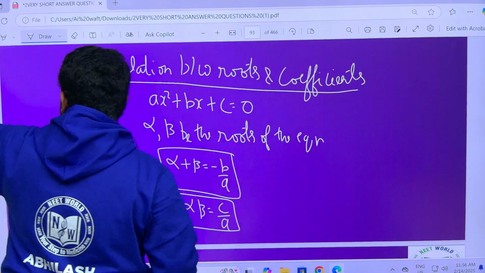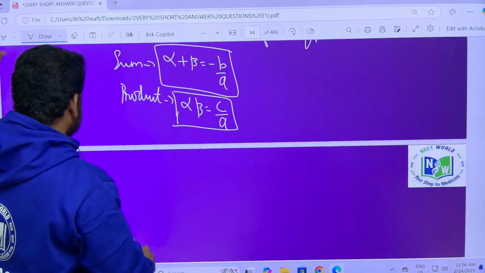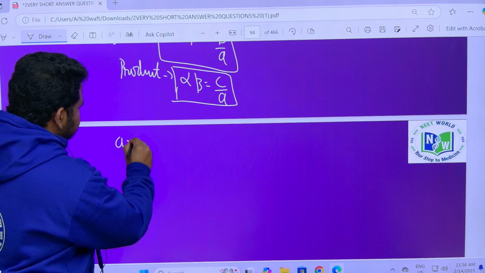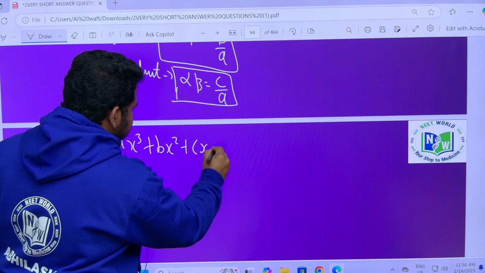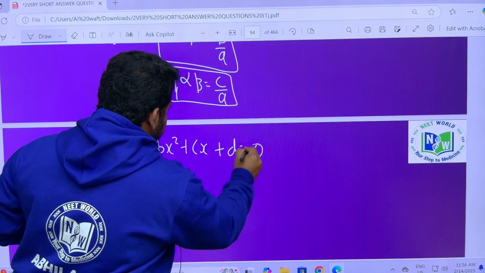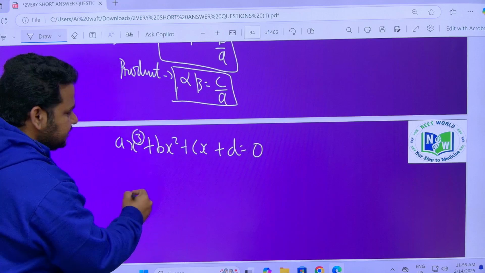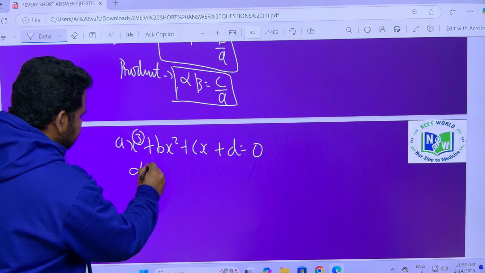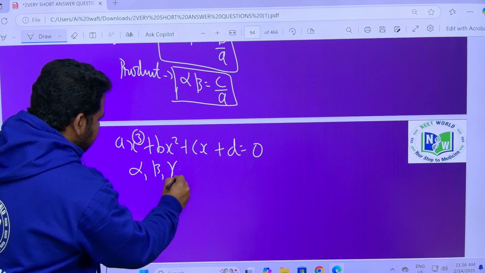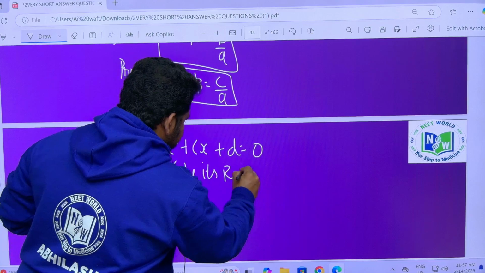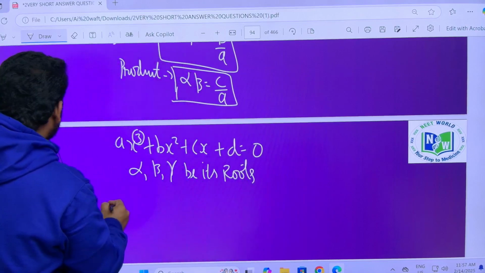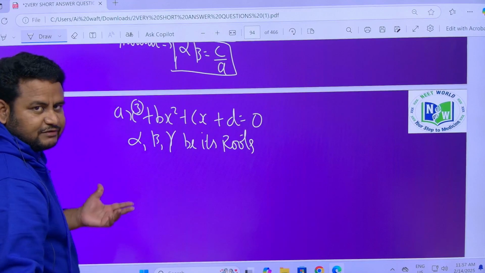Suppose we have a cubic expression, ax cube plus bx square plus cx plus d is equal to 0. Since we have a cubic expression, we have three roots. Let the roots be alpha, beta, gamma. So we will have three relations here.